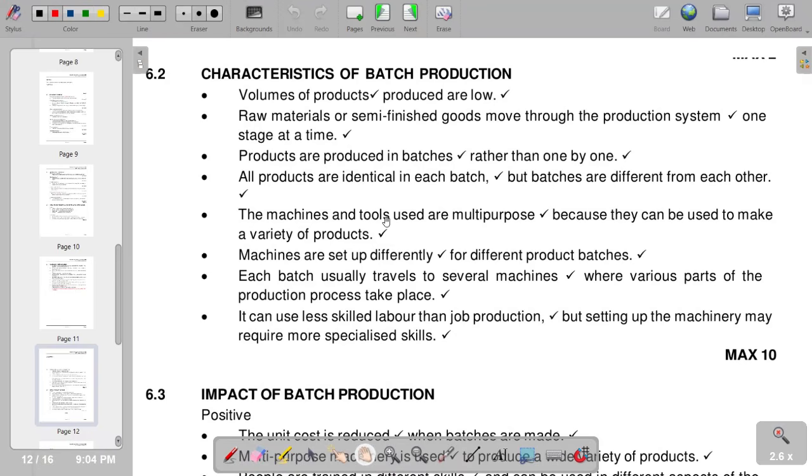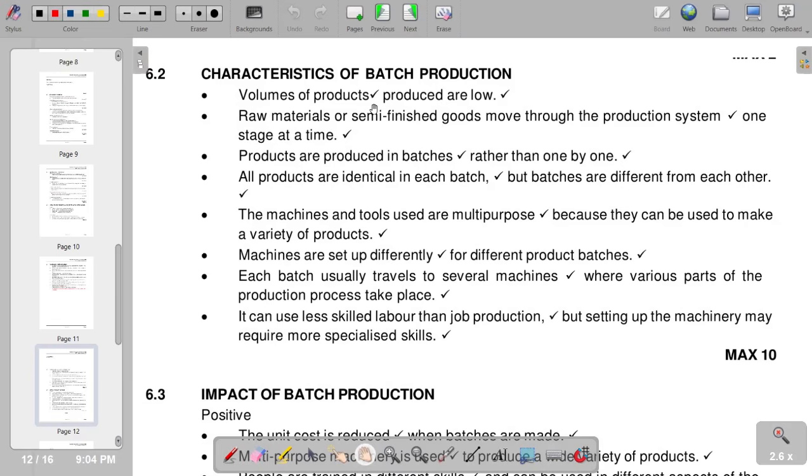So we've got further characteristics as mentioned. So this is what we have.